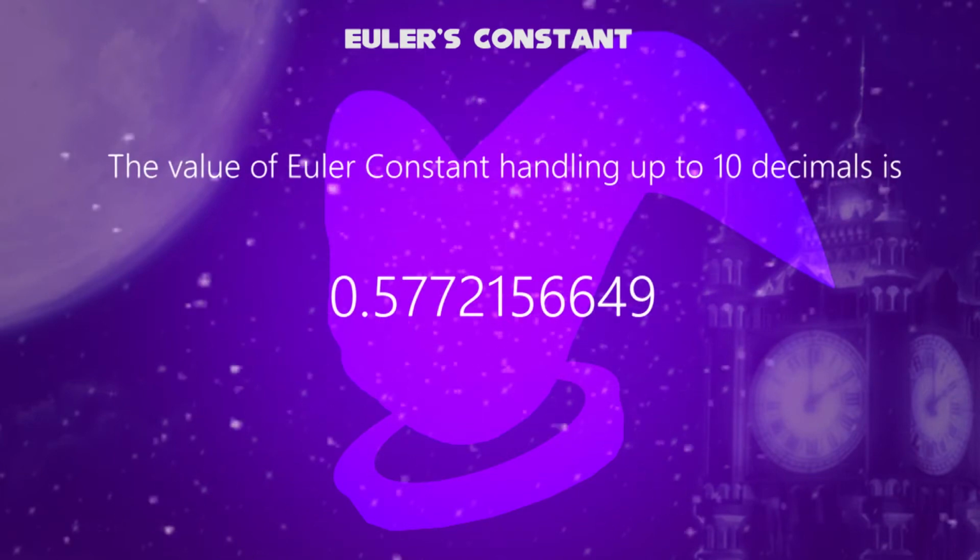Then, the numerical value of Euler's constant is given by 0.57721566649. I can handle up to 10 decimals in approximation.